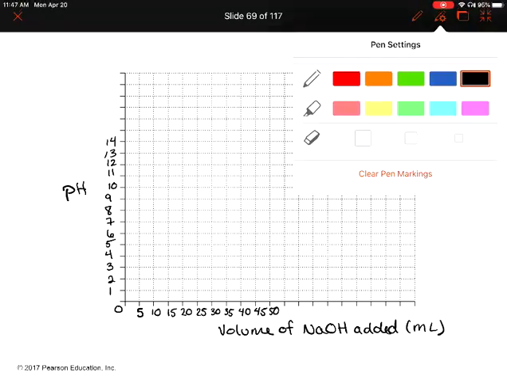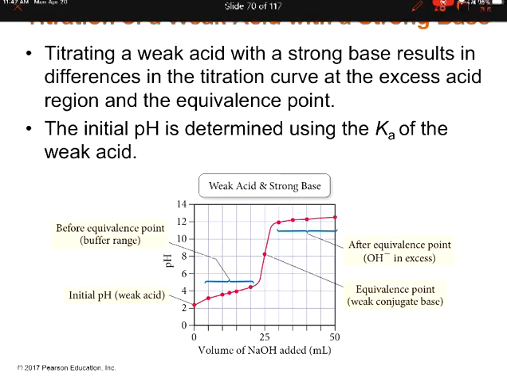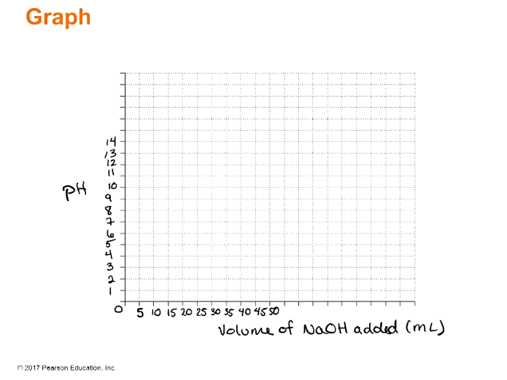Okay, and then I'll change the color here. All right, so we said that after the addition of 5 milliliters of sodium hydroxide, actually, let's start with 0.0. So we said our initial pH, where we just had acid, was 1. So we'll start there. We had a pH of 1, and we had not added any volume of NaOH yet.